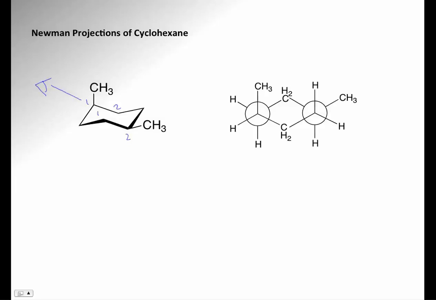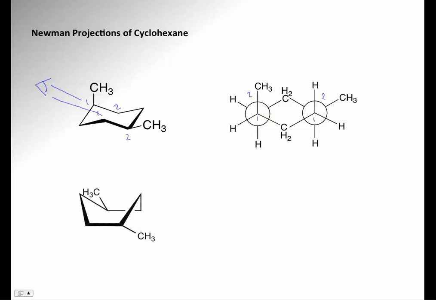We're looking down this carbon and this carbon at the same time, and what we see is this, called a double barrel projection, because we're sighting down two carbons at the same time. In the chair conformation of the cyclohexane, all of the substituents are actually staggered to one another, which makes the energy state of a cyclohexane ring very low.